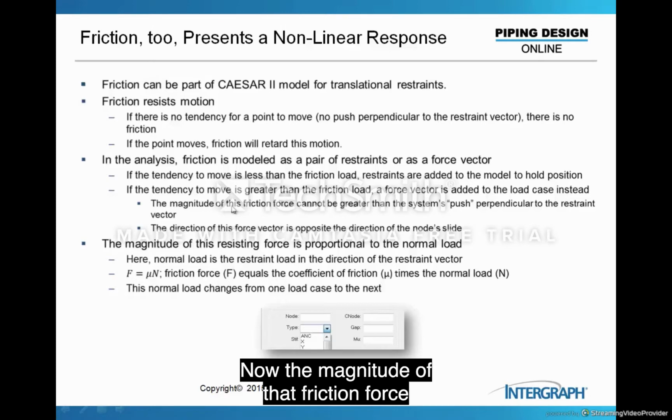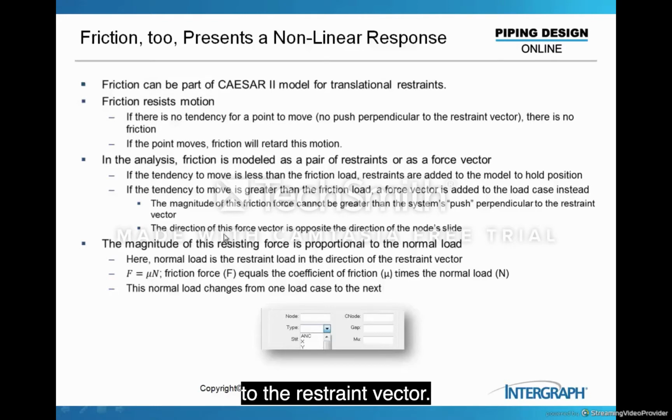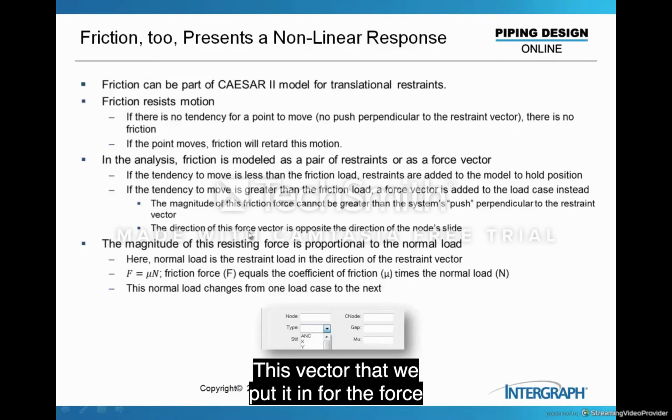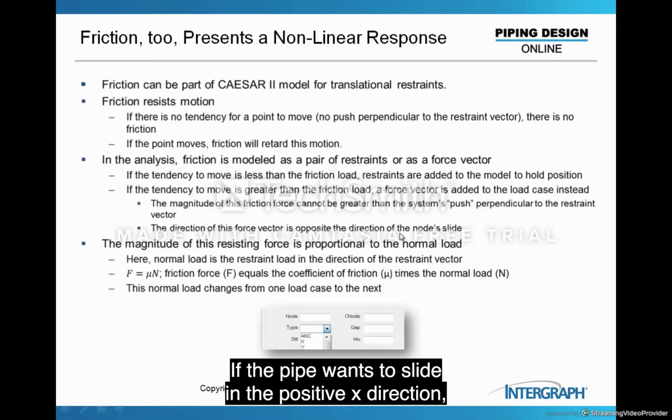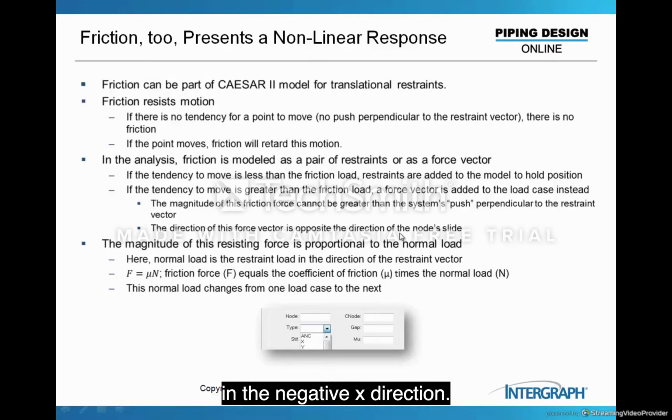Now, the magnitude of that friction force can't be greater than the system's push perpendicular to the restraint vector. This vector that we put in for the force is opposite direction of the node slide. If the pipe wants to slide in the positive x direction, we must supply the force of friction in the negative x direction.